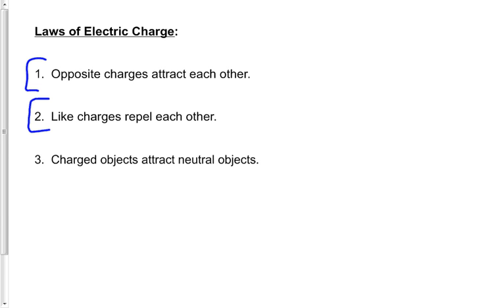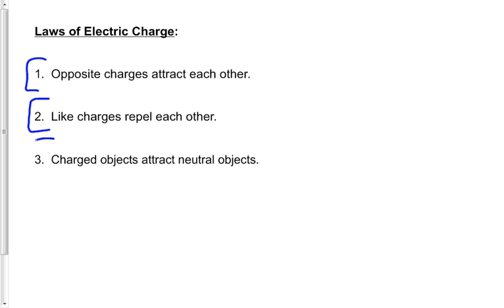Be careful with that. Like poles will repel each other in magnetism, but it's 2 different phenomena here. The laws of magnetism, you're going to learn in the next unit, are real similar to the laws of electricity. Opposite poles attract, like poles repel each other. But in the end, it's 2 different phenomena. So don't get it mixed up.